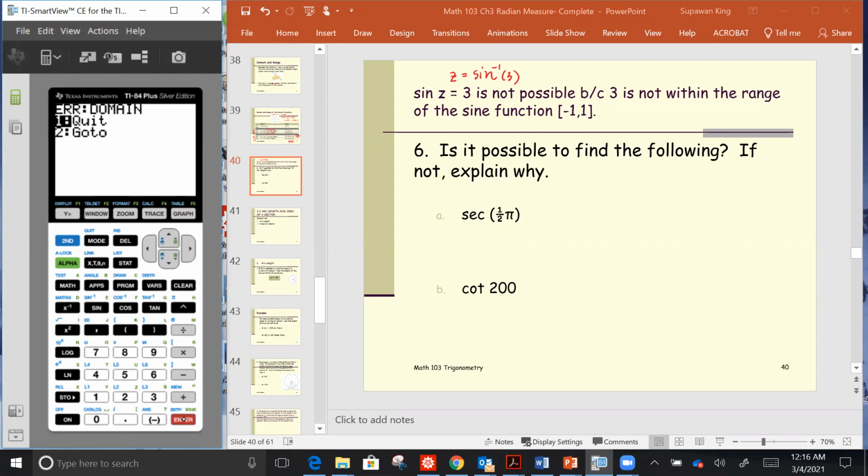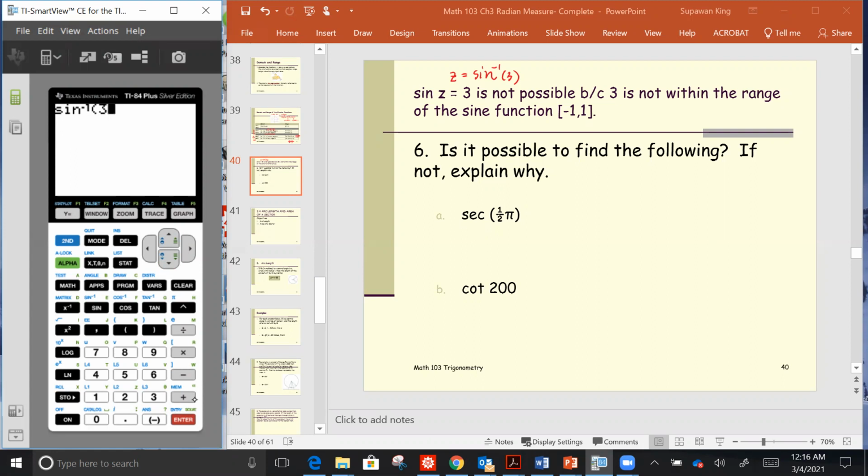Let's see what the calculator comes out with. It comes out with a domain error. It means that it doesn't belong in the domain. Therefore, the angle z doesn't exist because sine of z equals 3 is not possible, or the sine value is beyond the value 1, or is outside of the unit circle.